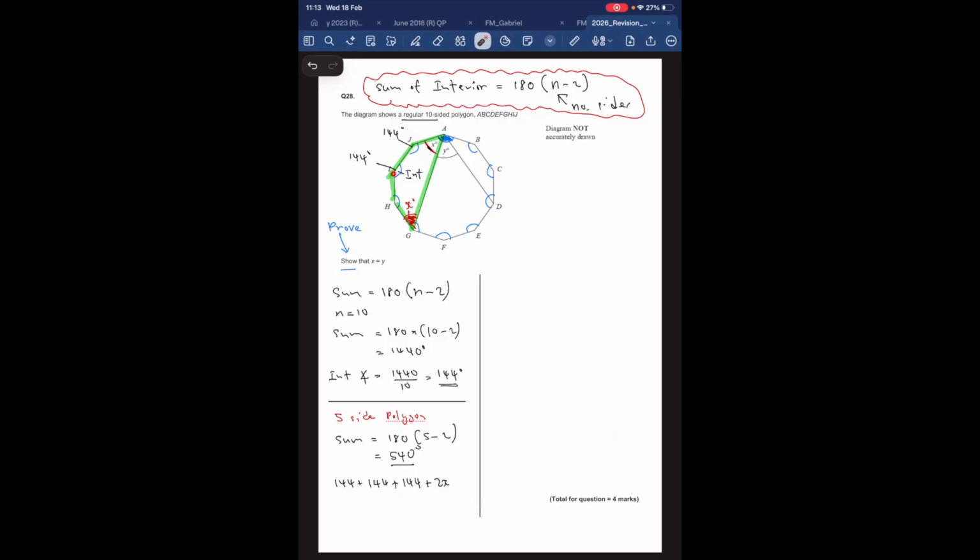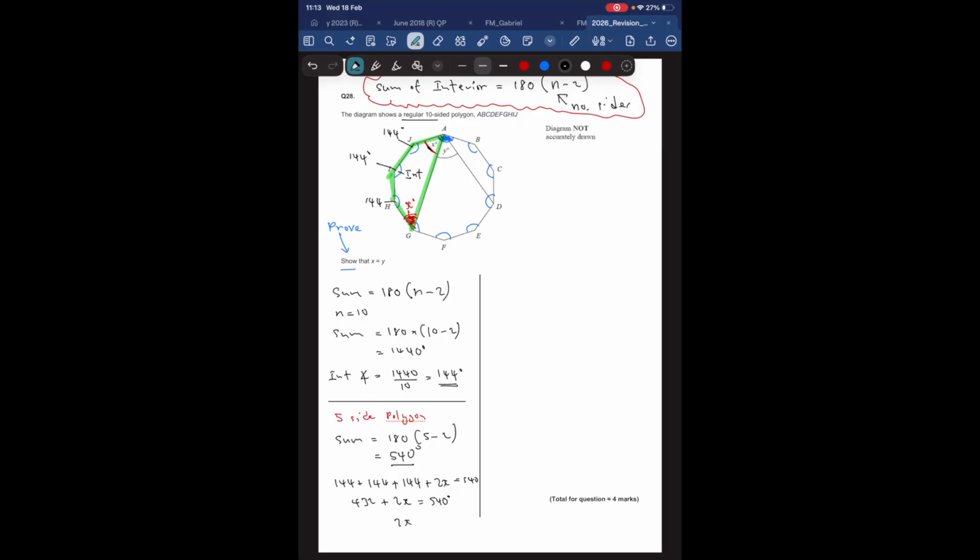These 3 angles here are all 144 degrees. Let me mark that in. All of those angles have to add up to 540 degrees. I can then solve that equation. 144 times 3 gives me 432, plus 2x must equal 540 degrees.